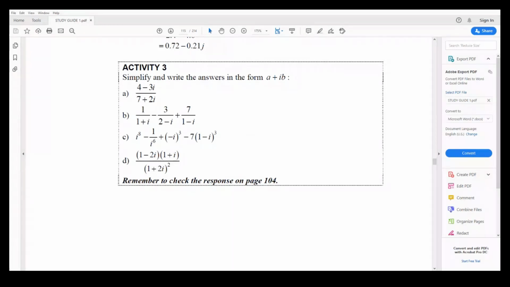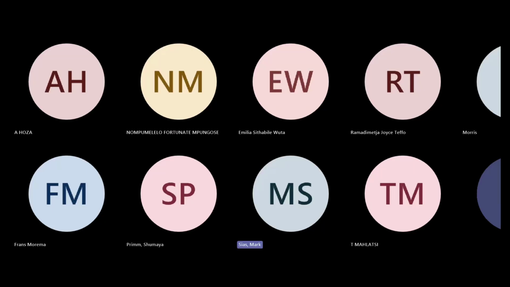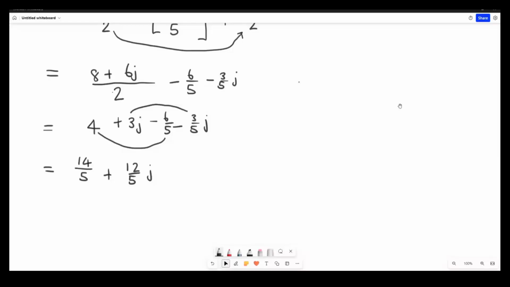Let me share the whiteboard with you guys for number C. I'll try and be quick with this one. I see my pen is acting up again. I trust that you can see the whiteboard.